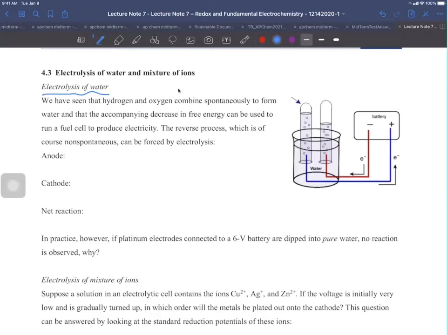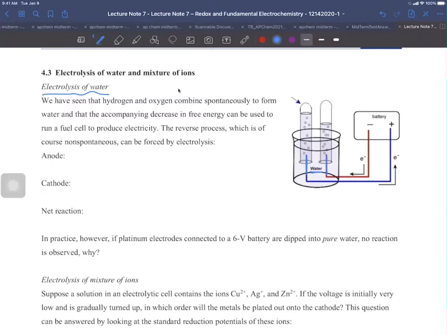So basically, we put the 2 electrodes in an upside down test tube, and the test tube is filled by the water. Typically, we add some electrolyte in the water, such as sulfuric acid or sodium hydroxide, because pure water is a poor conductor. It poorly conducts electricity. So you cannot really do the electrolysis in the pure water. So this is why we add some electrolytes.